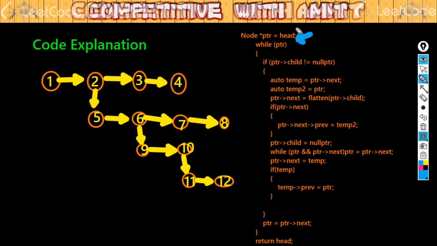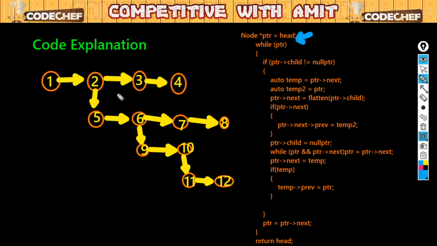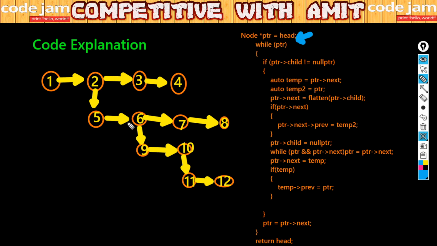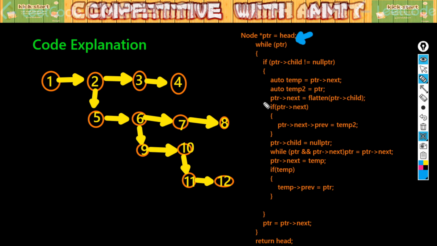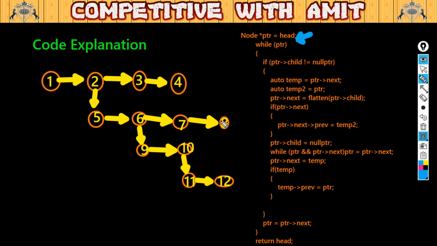Whenever we encounter any linked list, we will iterate over its values. Now suppose we do not find any child, then we can directly return the head. If we find some child, then what we have to do is the main thing. If we do not find one, we will go on to the next till the end. When we find the null, we will return.